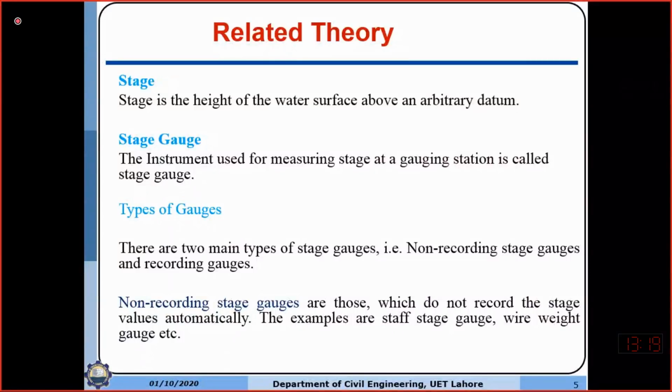Similar is the case when you have to mention the stage in the river, the water level in the river. It is always with respect to an arbitrary datum, a fixed, mostly horizontal surface, with respect to which we mention the reduced levels or the water levels of a river or a reservoir. So stage is the height of water surface above an arbitrary datum.